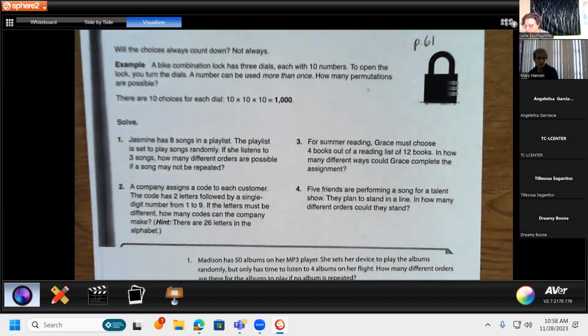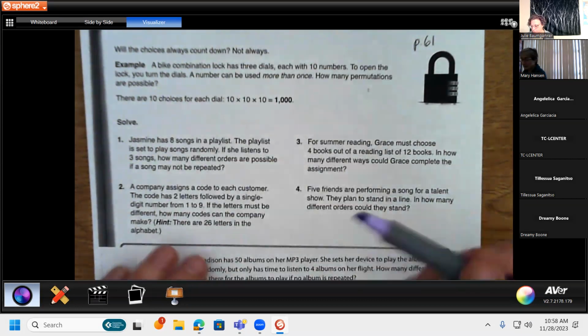To open the lock, you turn the dials. A number can be used more than once. So how many permutations are possible? In other words, how many different combinations, well, permutations, but what we call combinations, could you put in the lock when you can reuse numbers?